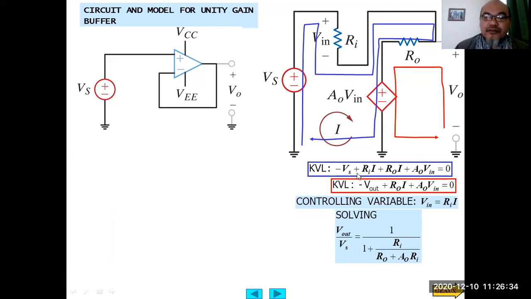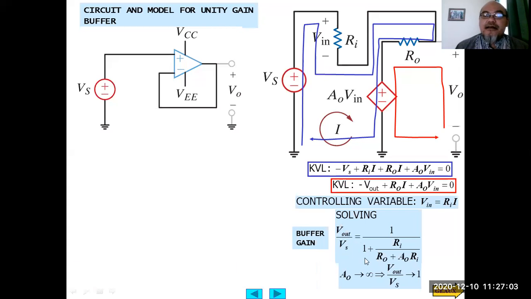Solving both equations, V output over Vs will equal 1 over 1 plus Ri divided by (Ro plus AO Ri). The ratio between V output and the source voltage is called the buffer gain.